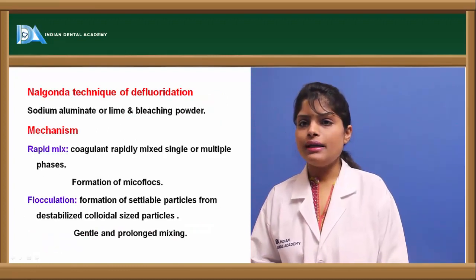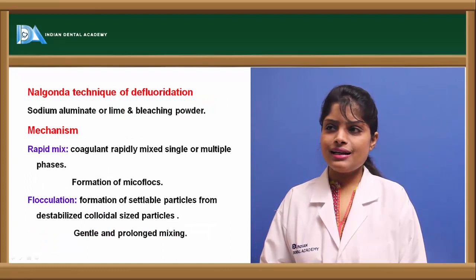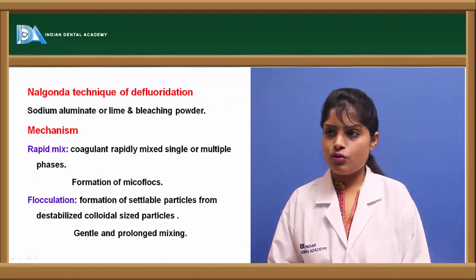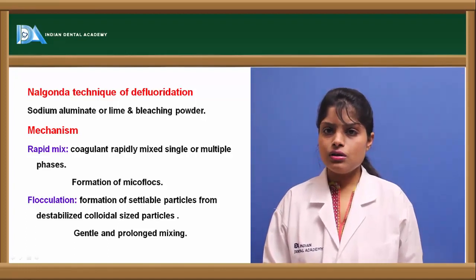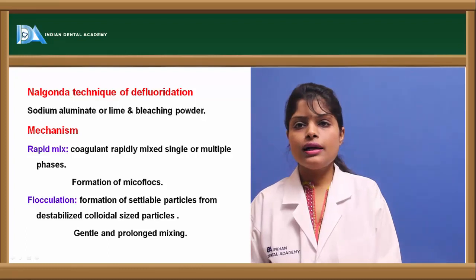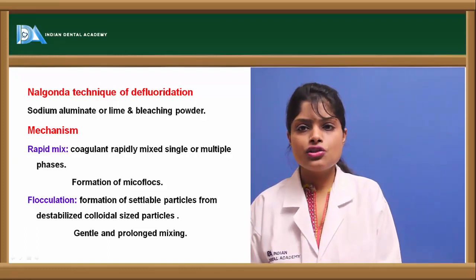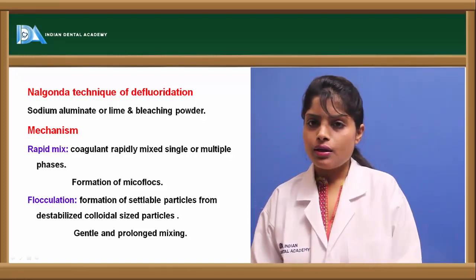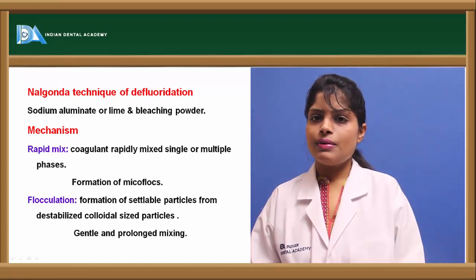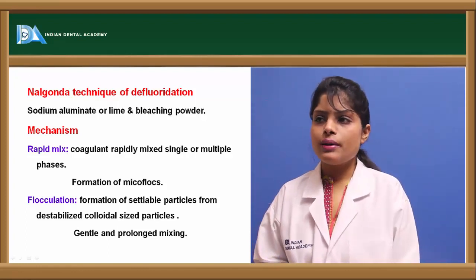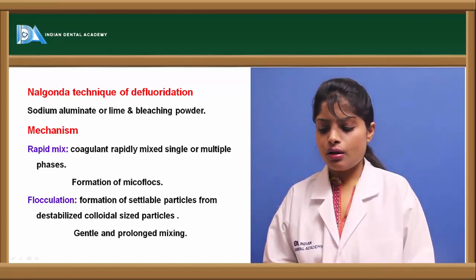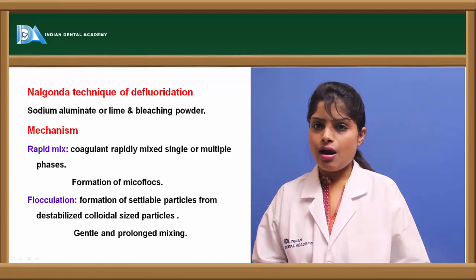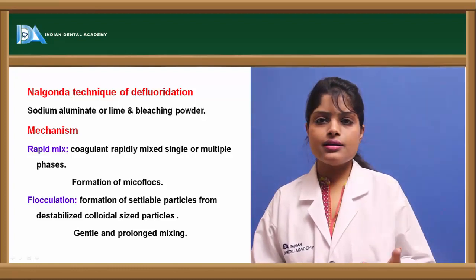So basically, coming to one of the most important techniques, the Nalgonda technique for defluoridation. The Nalgonda technique is one of the most widely accepted methods for defluoridation, and it was developed in Nagpur by the National Engineering Research Institute. It comprises the main compounds, that is sodium aluminate or lime and bleaching powder, and these are added to the water in the same sequence.